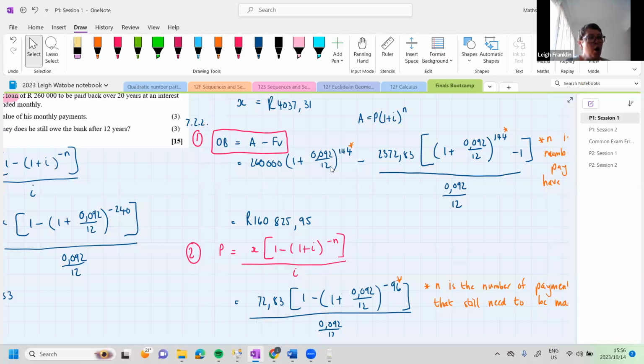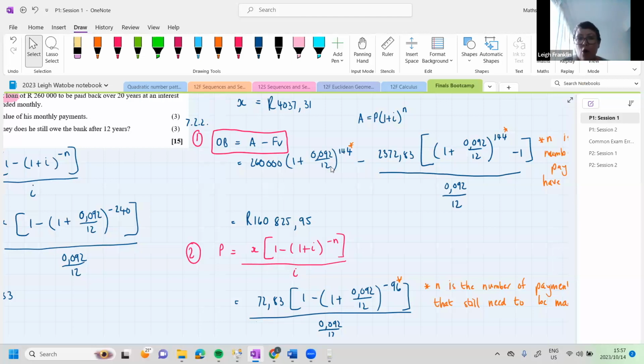Because when you are paying something off, you can also look at it that your payments are accumulating into a lump sum that is now going to be subtracted from what you owe. Does that make sense to you? So it's going to be the number of payments that you have made at that point. It's going to accumulate. So after so many payments, it's going to accumulate to a certain particular lump sum, subtract that from the value of the loan at that point in time, and that will tell you what you still owe, what you've still got to pay.